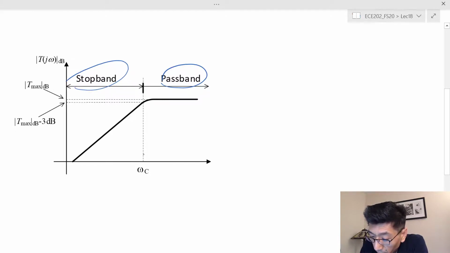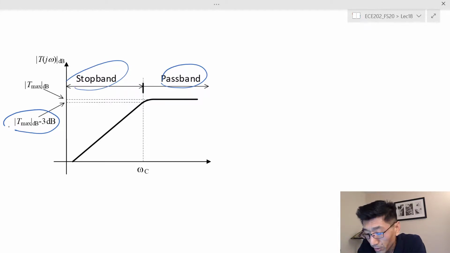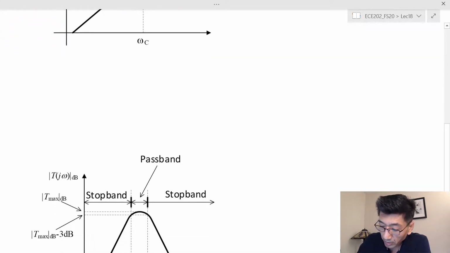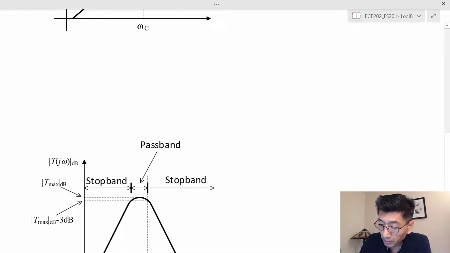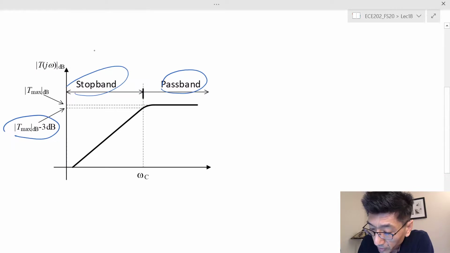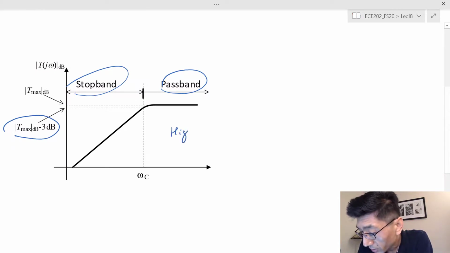We separate the pass band and stop band by reading where the frequency has T max minus 3 dB. So that minus 3 dB is really critical to identify the corner frequency. This is called a high pass filter. I didn't write this, I should. So this is a high pass.